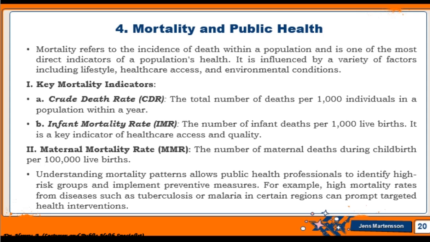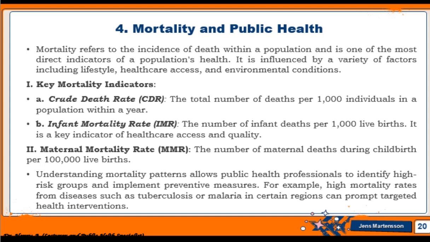Now, under this crude death rate, the rate measures the total number of deaths in a given population over a year, and it is usually expressed per 1,000 individuals. So while CDR provides a general overview of mortality, it does not account for age structure. It just tells us the general overview of the mortality.